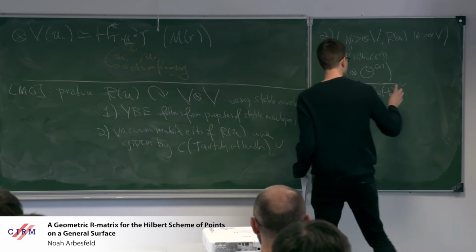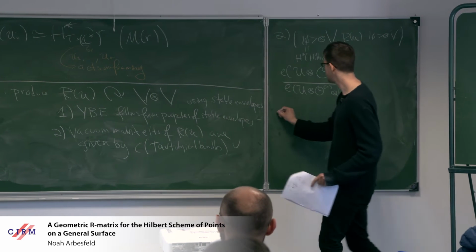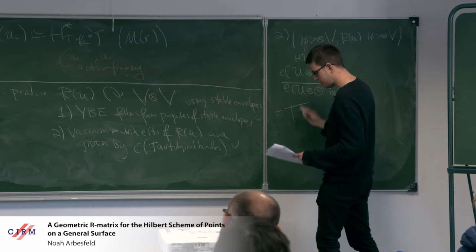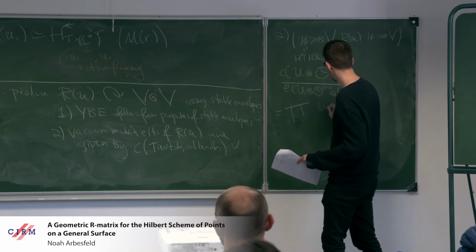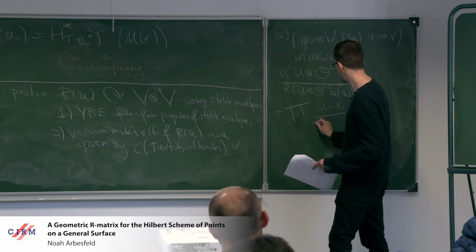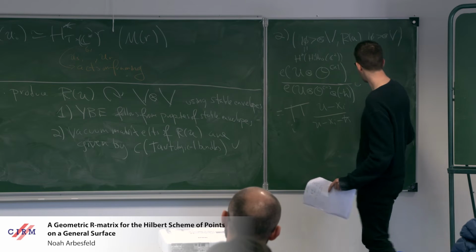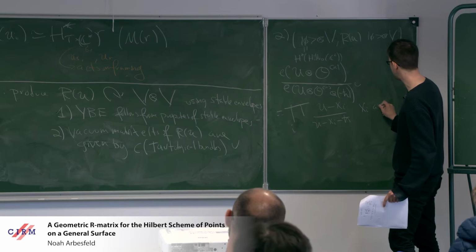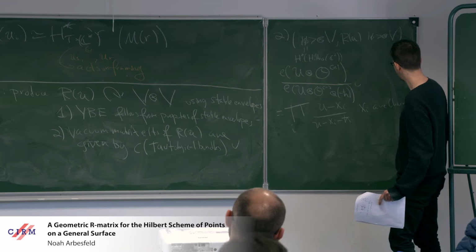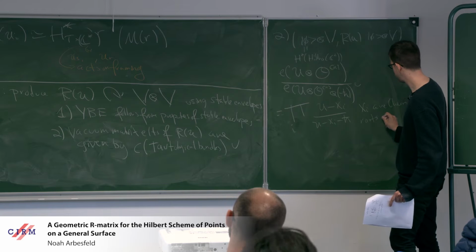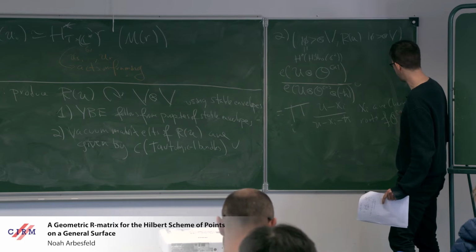And so if I expand this in 1 over u, well, I can write this as a product over i, where these x_i are Chern roots of my tautological bundle.